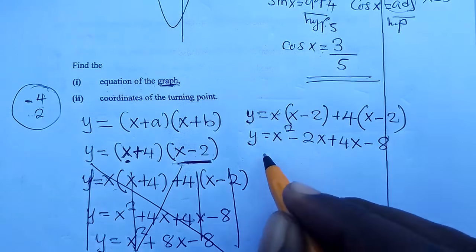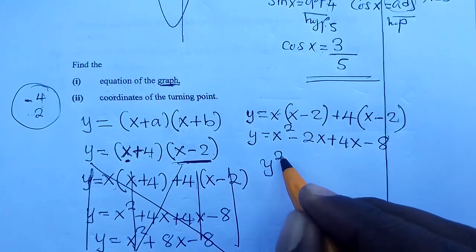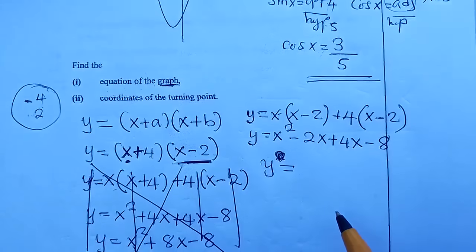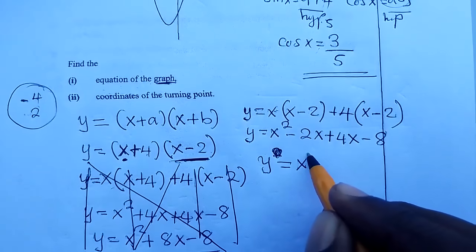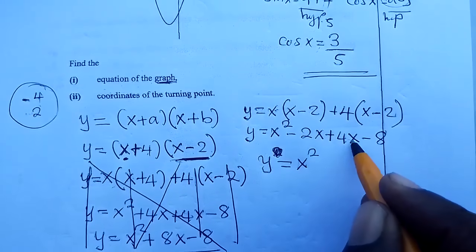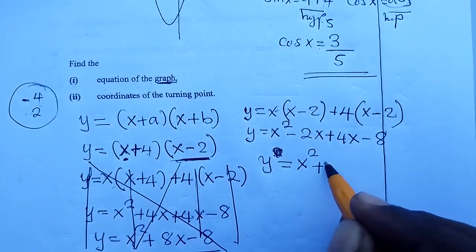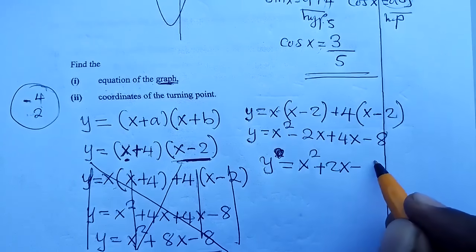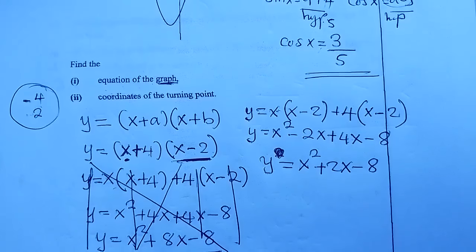So y is equal to x squared, and what about here? I'm going to get positive 2x minus 8.